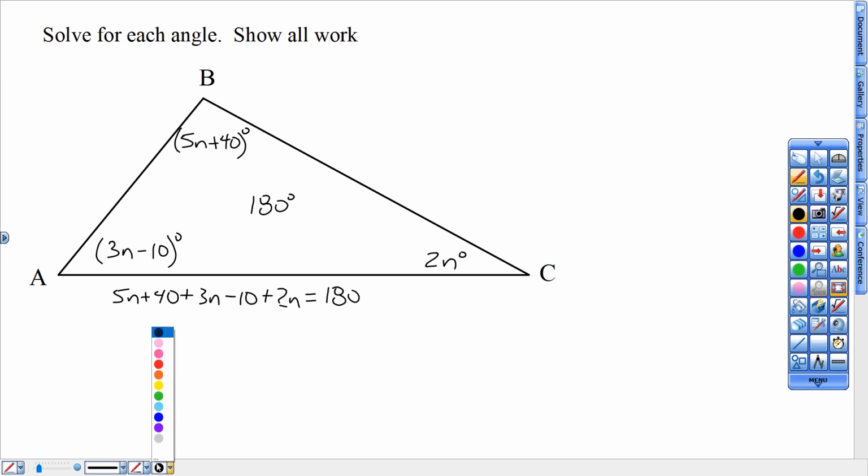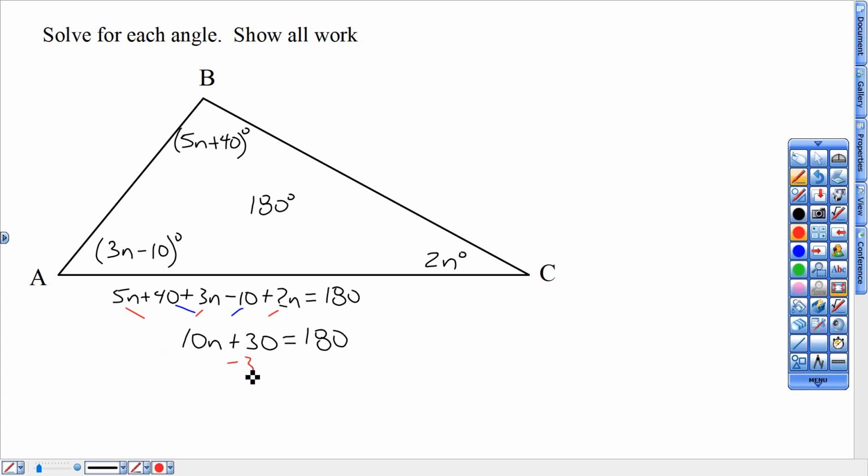And I set that equal to 180. Now combine like terms. 5 plus 3 plus 2, add them up, that gives me 10 of those n's. Now combine the plain numbers. 40 minus 10 is going to give me positive 30, equal to 180. Now my next step is inverse operations.